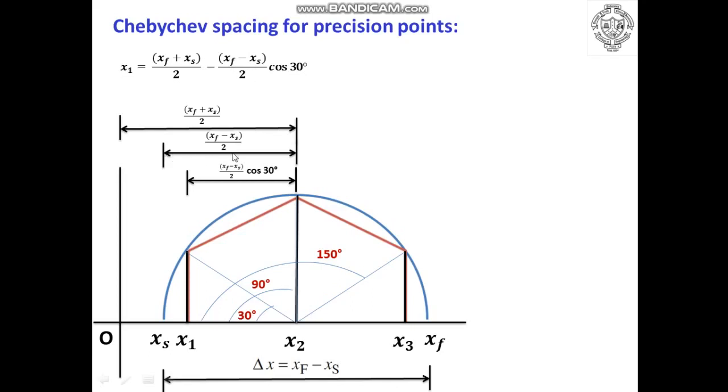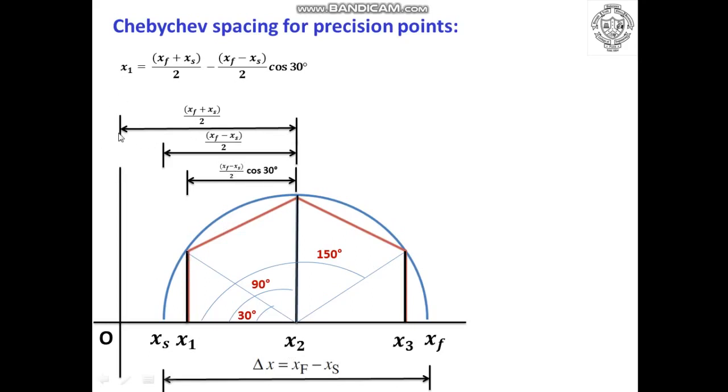So if you consider this particular distance, it is considered as the radius, and when this radius is located at an inclination of 30, and if you want to find the projection of this particular position on the x-axis, we get the distance between x1 and x2 as xf minus xs divided by 2 into cos 30.